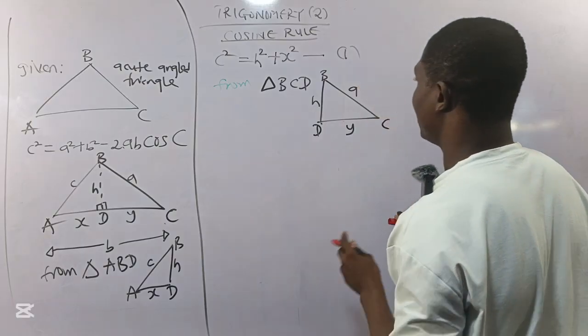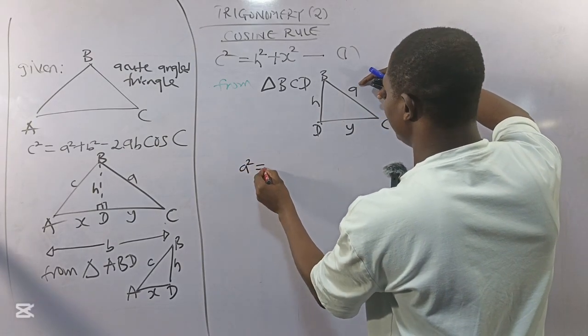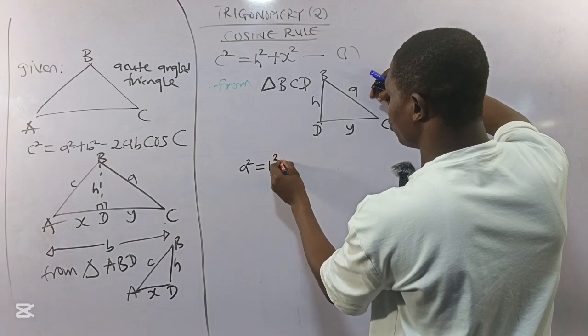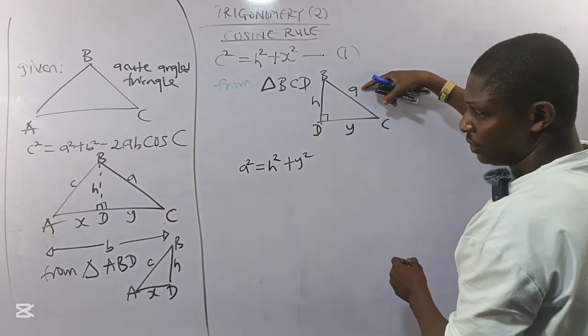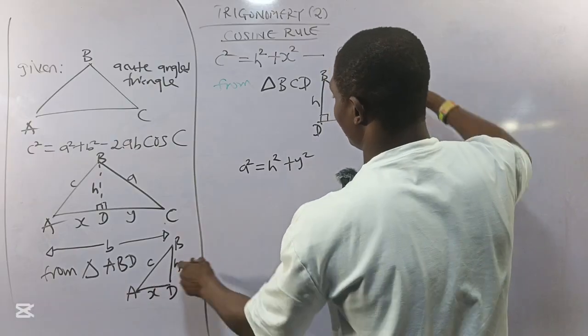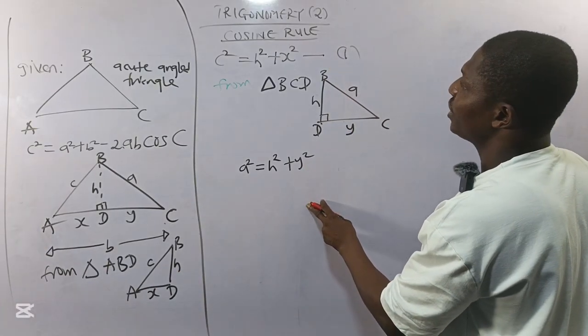From this triangle here, we can see that a squared this time is equal to h squared plus y squared, because a is the hypotenuse in this case. Here c was the hypotenuse. So we have this, and we can make h the subject of the formula.